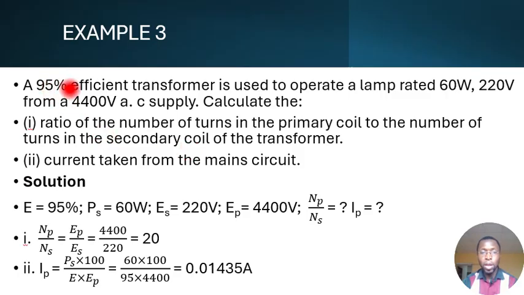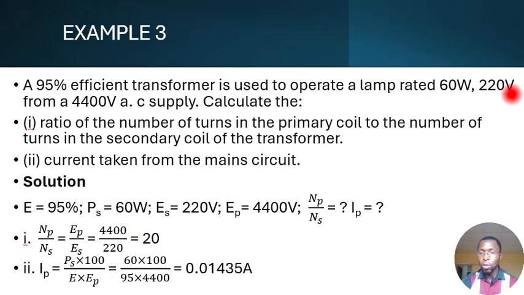In this case, we are given a 95% efficiency. So efficiency here, E, is 95%. Now, the transformer is used to operate this lamp that has this rating. The rated lamp power is the secondary power, so our secondary power is 60 watts.